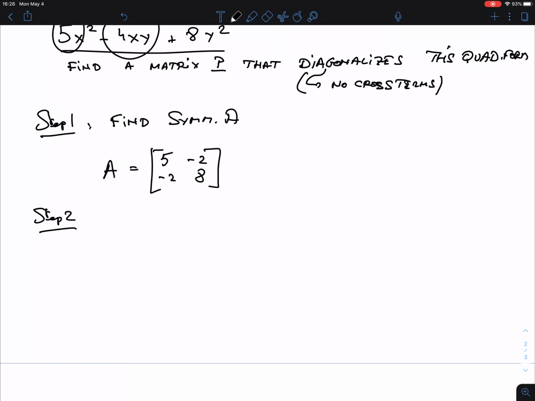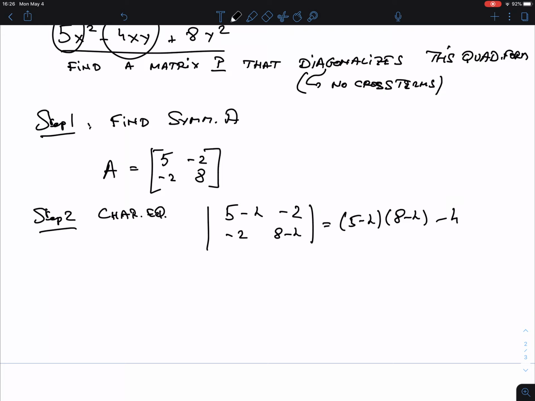So, okay, first thing, characteristic equation. We have to do determinant of 5 minus lambda, negative 2, negative 2, 8 minus lambda. That is 5 minus lambda times 8 minus lambda, minus 4. That is 40 minus 5 lambda minus 8 lambda plus lambda squared minus 4. So that is lambda squared minus 13 lambda plus 36.